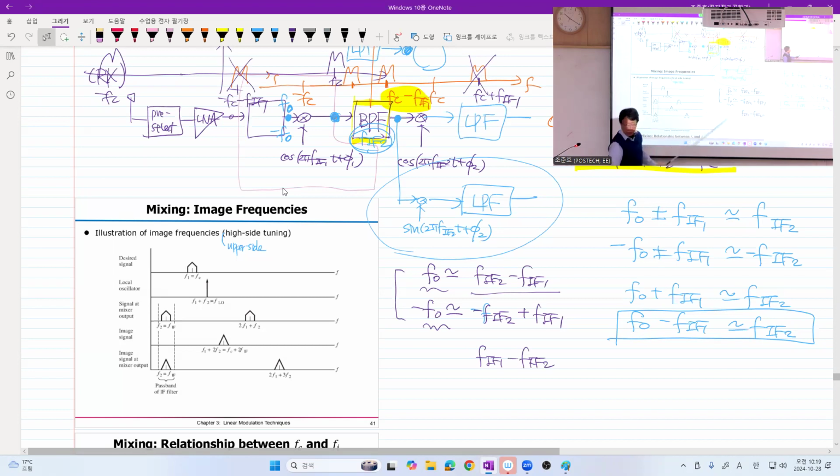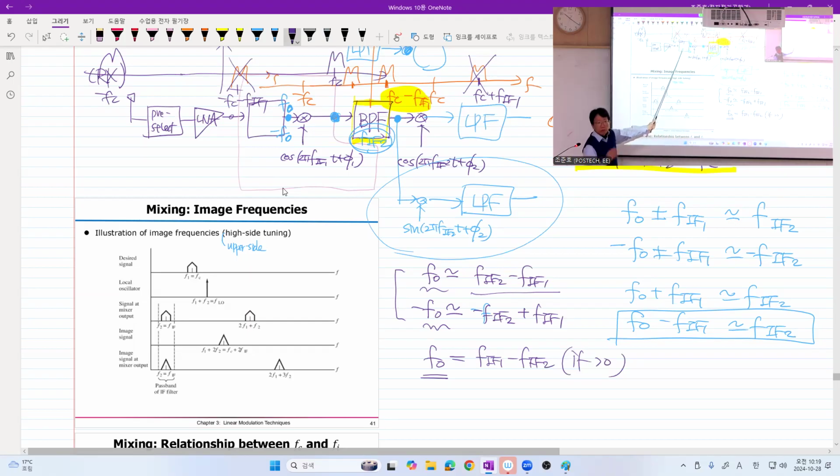And this frequency, F0, is called the image frequency. If we consider some band, then this band is called the image band. So not only the desired band signal, but also an image band signal may pass through this bandpass filter. That's why we have this filter.